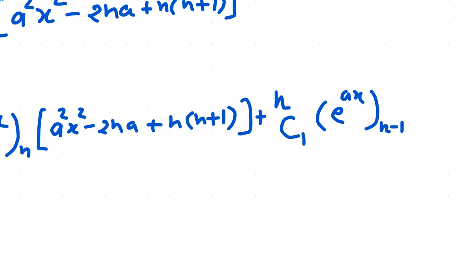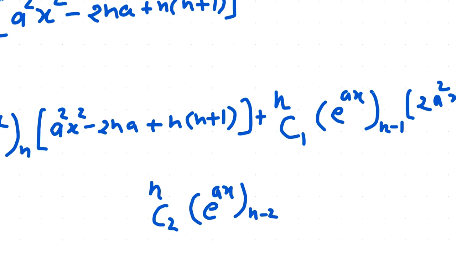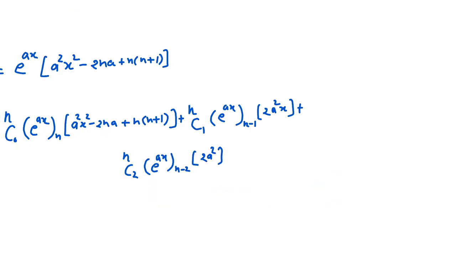And now let us find the first order derivative of this. So here we have 2a square into x, plus nC2 e to the power ax, meaning the n minus 2th derivative of this, and here we have 2a square, because after that we have 0, meaning the derivative of v will become 0.